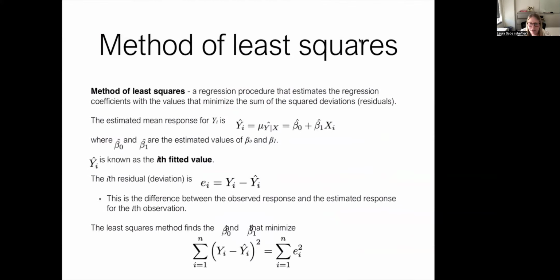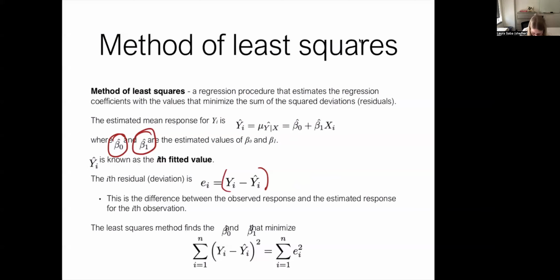So what we do is we use this method of least squares. And what it does is it simultaneously finds the values of beta naught and beta 1 that minimize the amount of error. So minimize that difference between our predicted values and our actual values.